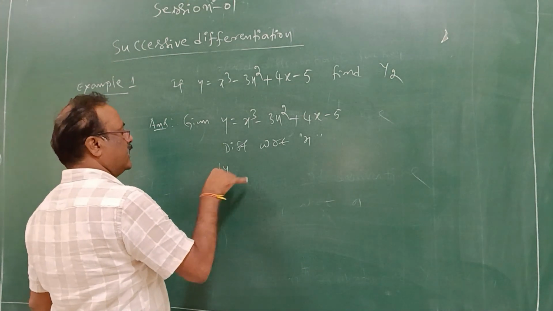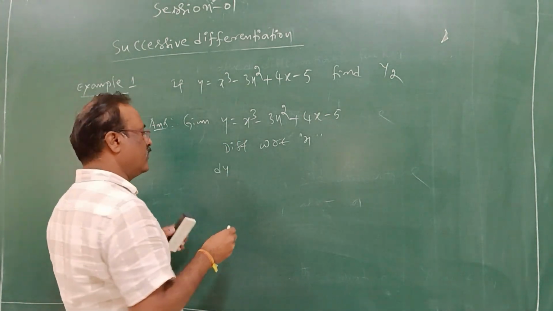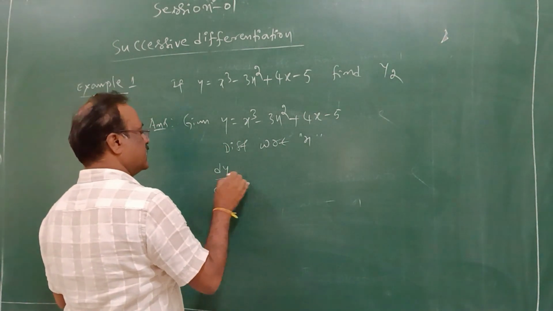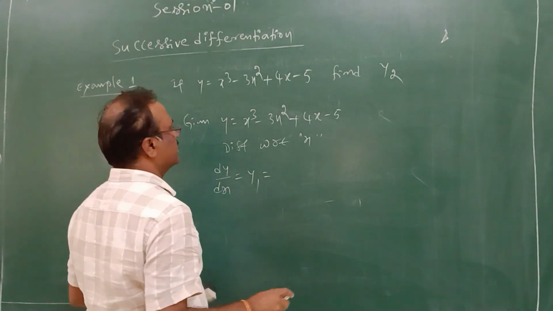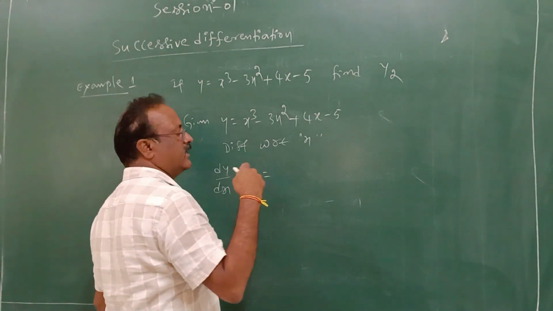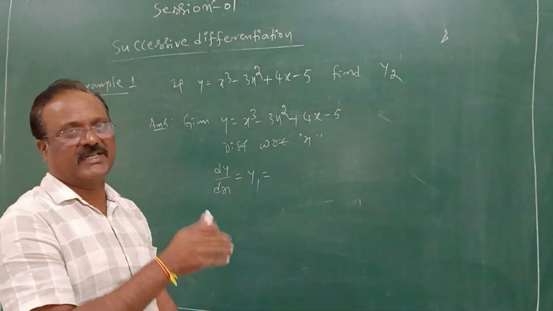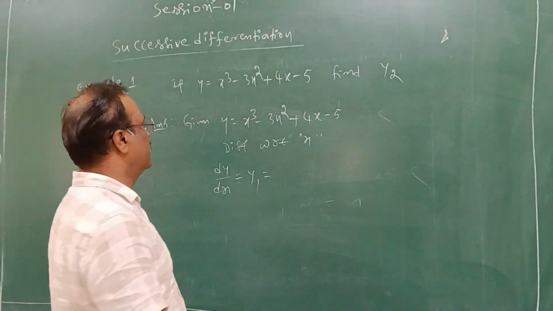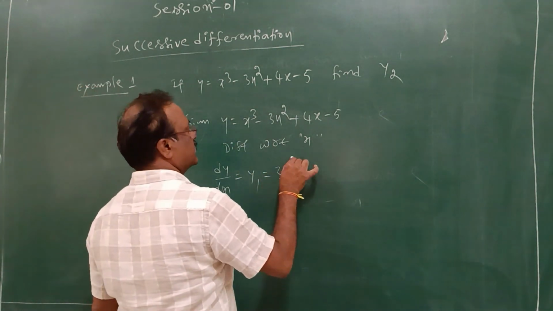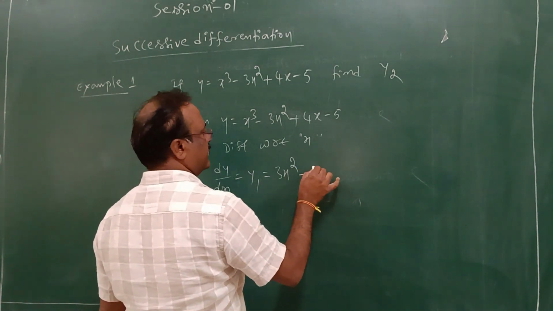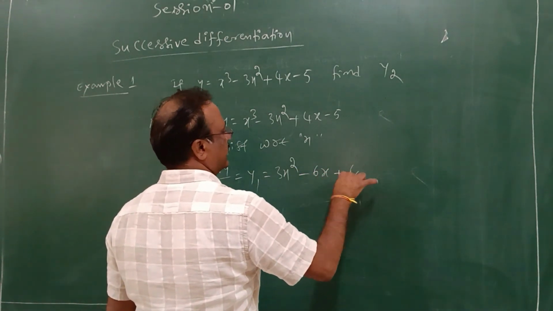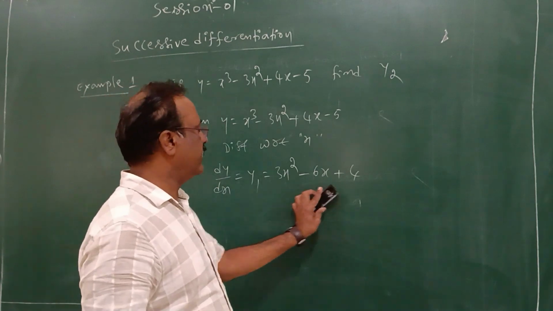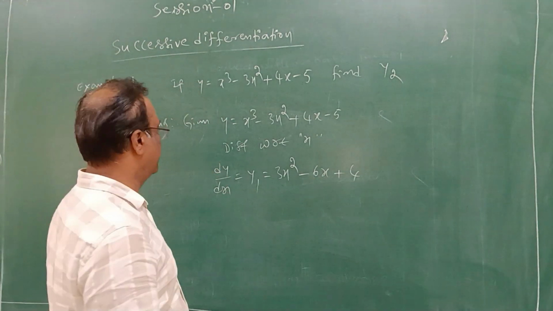That is nothing but dy by dx, or you can use the notation y1 also, which is equal to, as you know from the previous classes, the standard derivative of functions. x cube differentiation is 3x square, minus 3x square differentiation is 6x, 4x differentiation is 4, and minus 5 derivative is 0 because of constant.